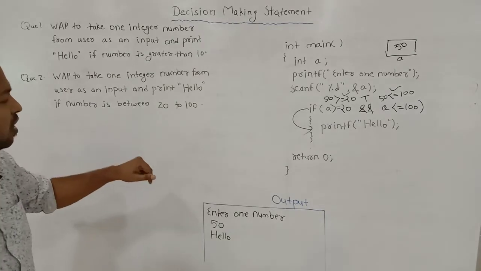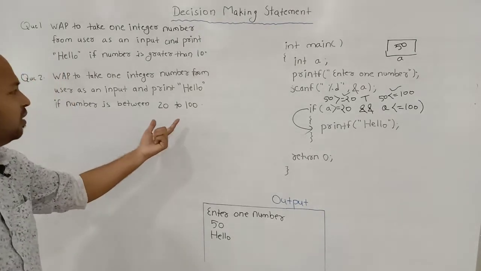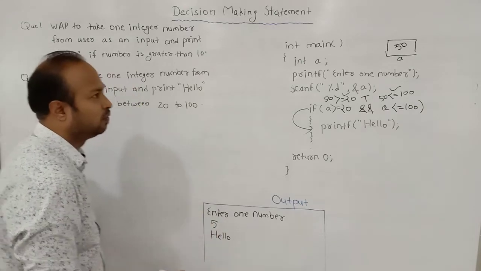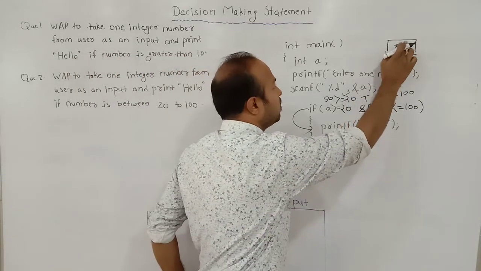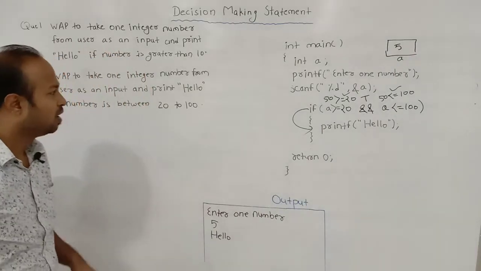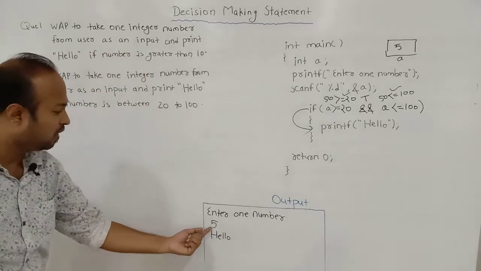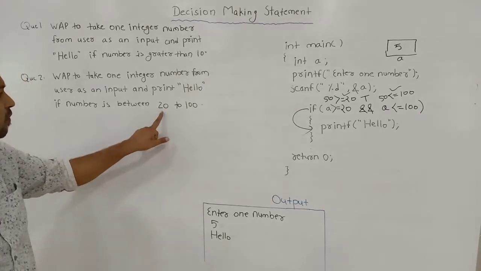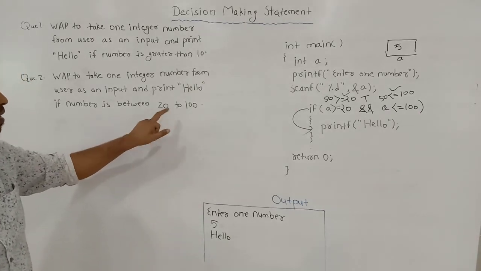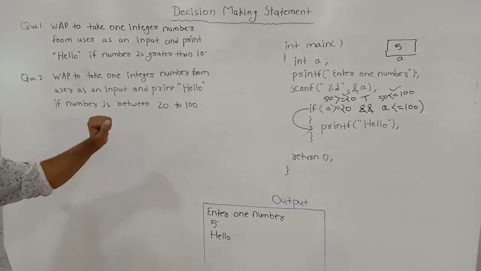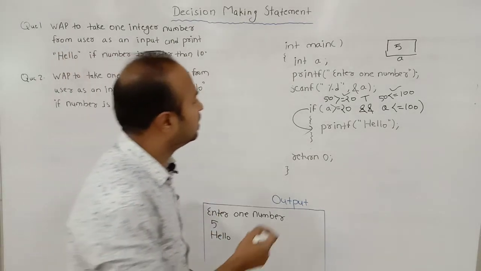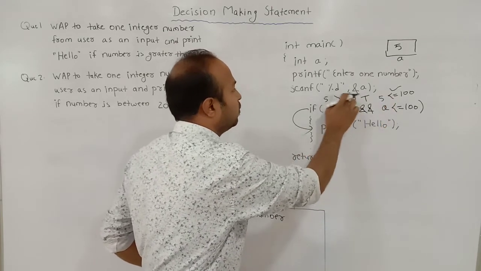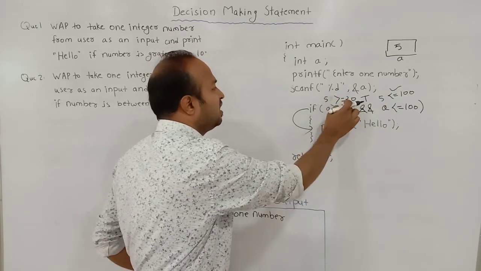And suppose the user enters another number, for example 5. So the value of a will be 5. If the user enters 5, we will print nothing because 5 is not between 20 and 100. Here the value of a is 5. 5 is greater than 20?